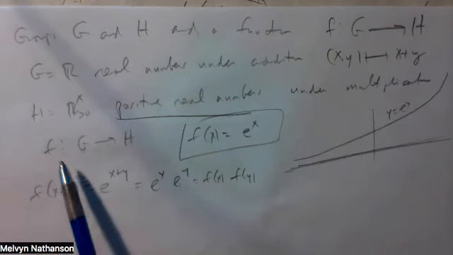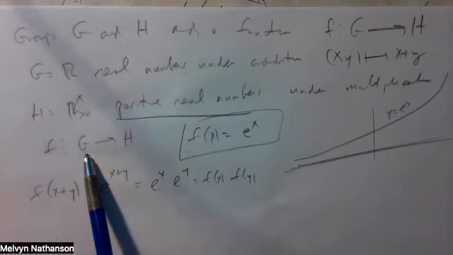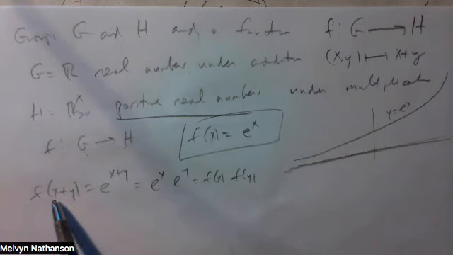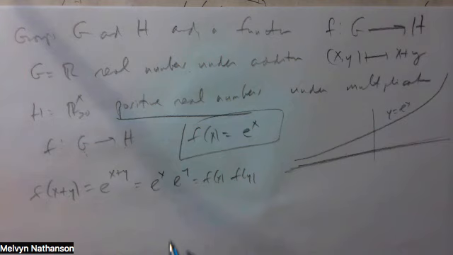So this function f from G to H has this very nice property. G is a group under addition, and H is a group under multiplication. If I take x and y and put them together and then apply f, that's the same as taking f of x and f of y and putting them together in the group H. So a function with this property is very important. It's called a group homomorphism.